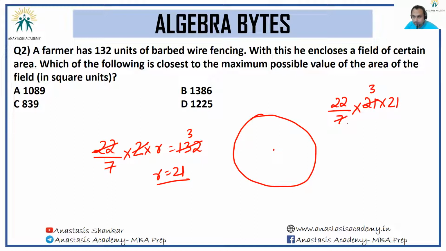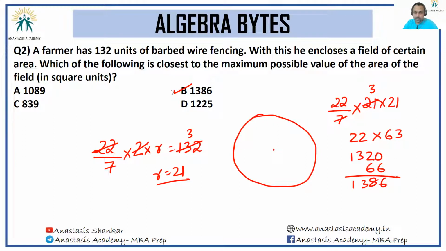Cancel 3. So now I will have 22 into 63. So the answer that I will get here is 22 into 60, so 1320, plus 22 into 3, so 66. If I add this up, I will get 1386. So the answer to the question should be option B.